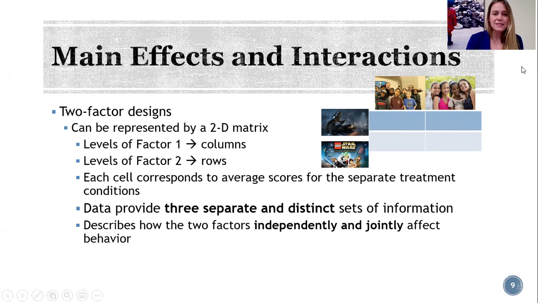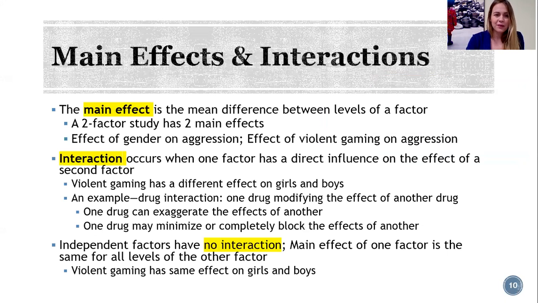And each of these boxes or cells, if we use that terminology, is the average score for each of our groups of participants. So the data that we get from this gives us three separate and distinct sets of information that allows us to answer whether each of our factors, either independently or combined, impact our dependent variable.